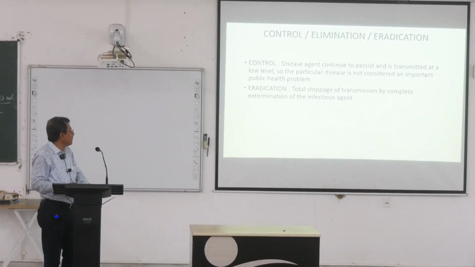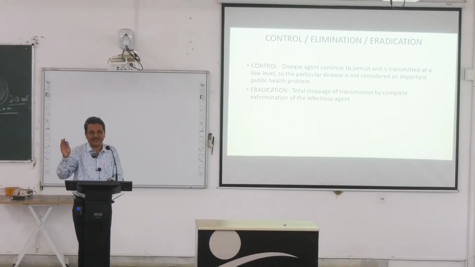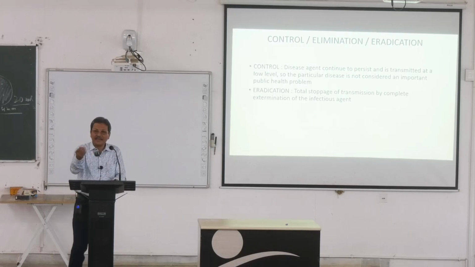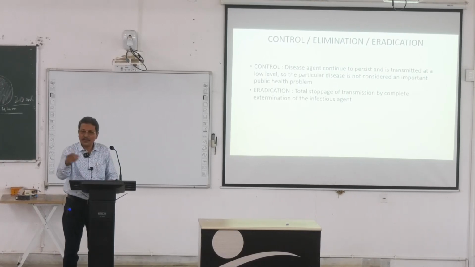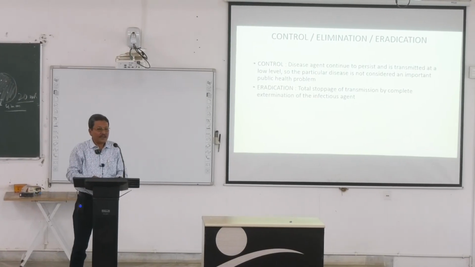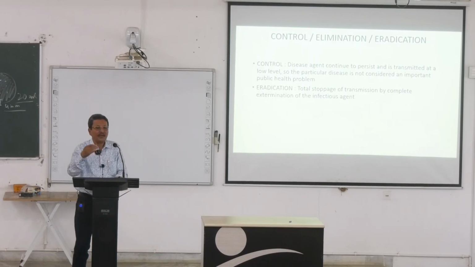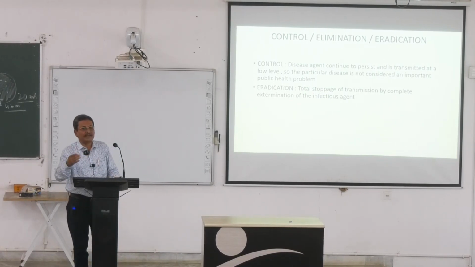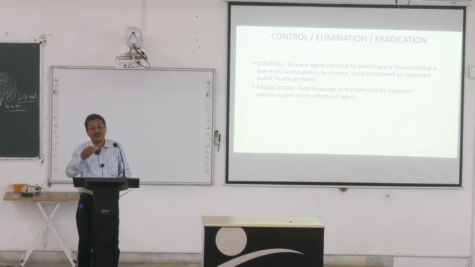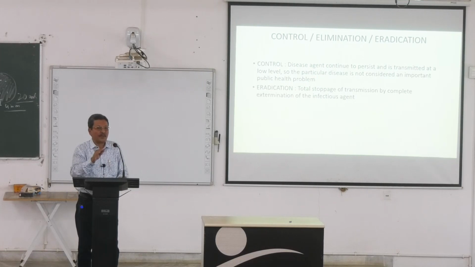Eradication means total stoppage of transmission by complete extermination of the infectious agents. That is, there is none left. Examples of eradicated diseases are smallpox and guinea worm disease. It is said that the government is starting to eradicate tuberculosis, but tuberculosis is still very much a problem, it is still there.